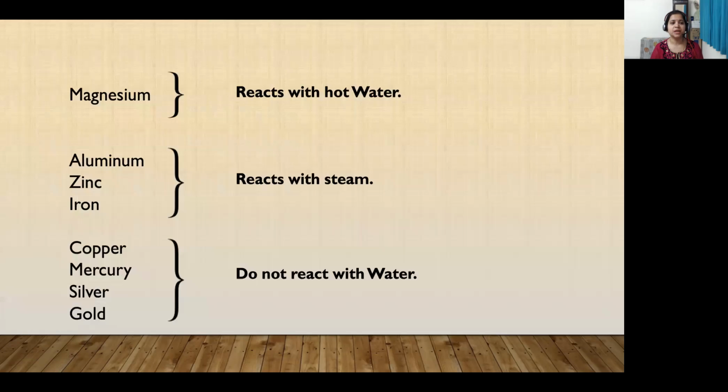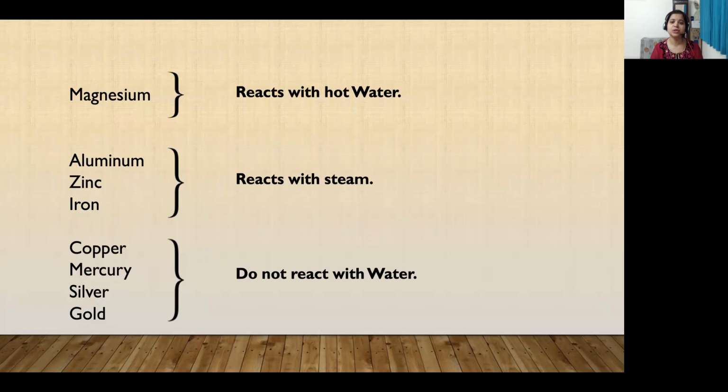So magnesium can react with hot water to produce magnesium hydroxide, but aluminum, zinc, and iron react with steam to produce the oxides. But copper, mercury, silver, gold, and platinum will never react with water.